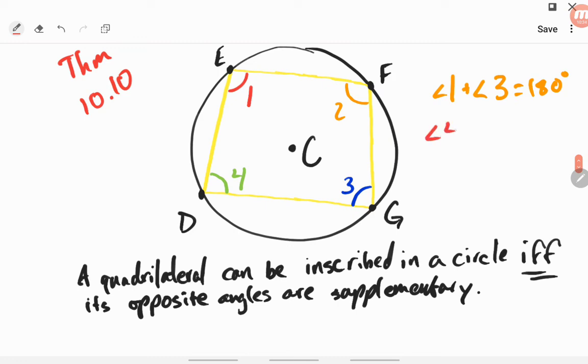Angle 4 plus angle 2, these are opposite angles. Those are going to have to add together to give me 180 degrees. If they don't add together to give me 180 degrees, then I cannot say that they are, in fact, supplementary, and therefore can't say that this is a quadrilateral that's been inscribed in a circle. Something would have to have been off.